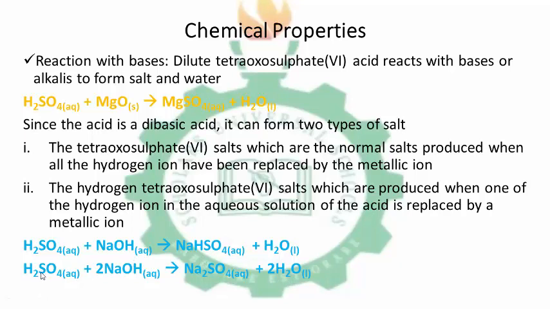The concentrated tetraoxosulfate VI acid will react with 2 moles of sodium hydroxide to neutralize it completely. It will take 2 moles of sodium hydroxide to neutralize 1 mole of the tetraoxosulfate VI acid, whether dilute or concentrated. Now please take note of that.